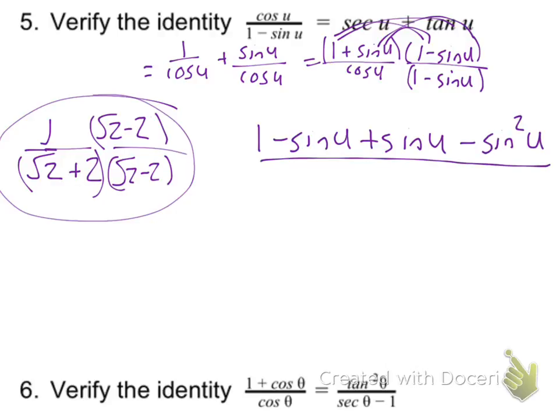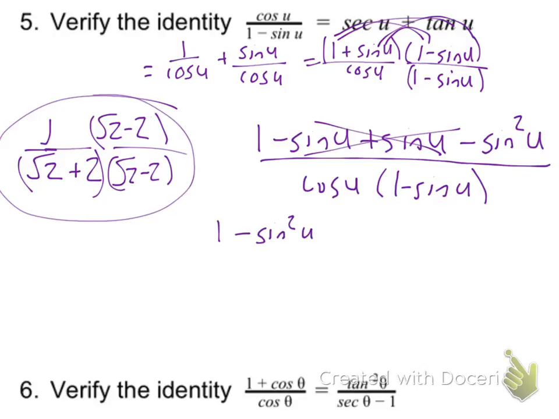All of this gets over cosine u times 1 minus sine u. Are you guys okay with that? I can simplify that. Yeah, I can get rid of these, right? Which then leaves me with 1 minus sine squared u all over cosine u times 1 minus sine u.